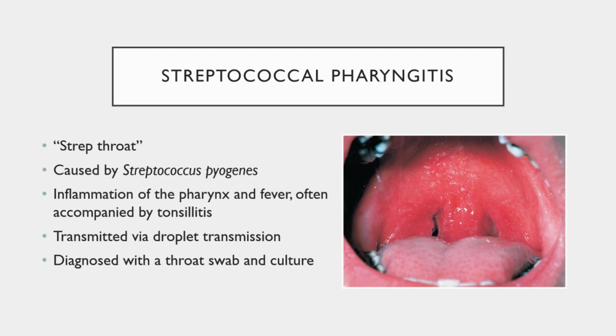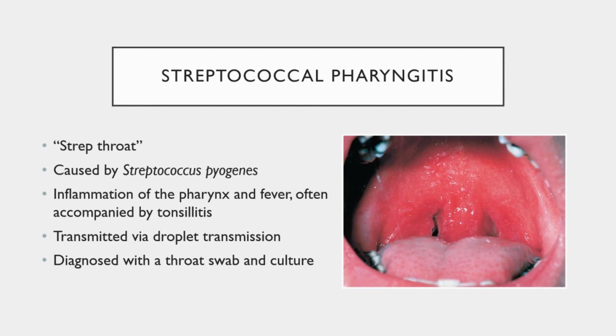And this is important because the majority of cases of pharyngitis are actually caused by viruses, not by bacteria. And so before being prescribed an antibiotic, the nature of the infection needs to be confirmed as bacterial.